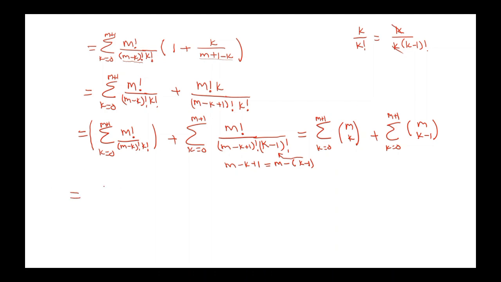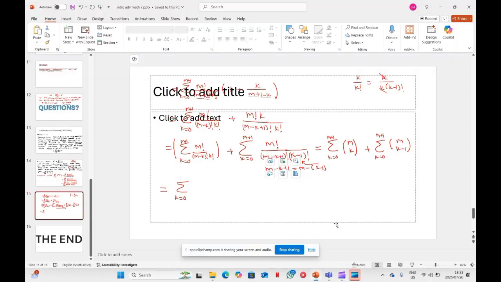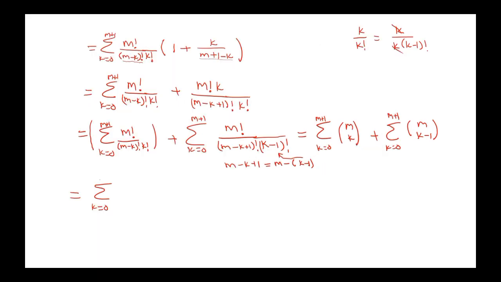So using what we have, to m combination k plus, now you put m plus 1, right? You evaluate that thing at m plus 1. So you have m combination that.